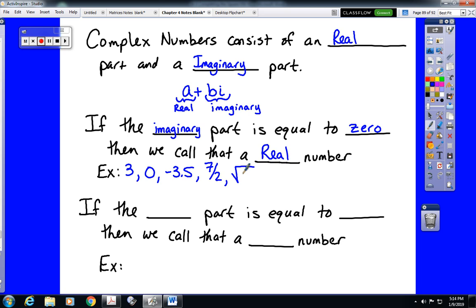Every single number you have ever dealt with in your life is a real number. It's actually also a complex number, but it's a complex number where the imaginary portion of the number is equal to 0. Now, if the real portion of the number is equal to 0, that is the situation where you have an imaginary number.